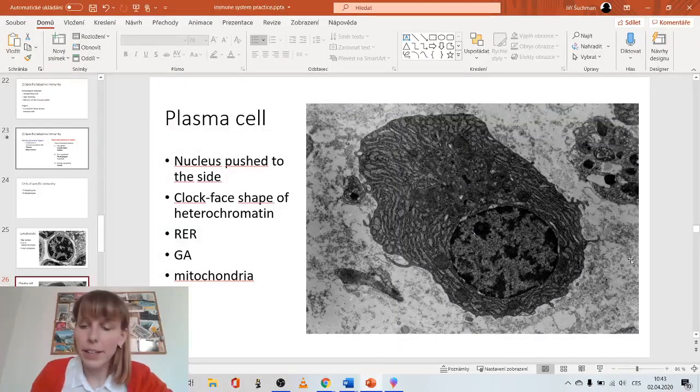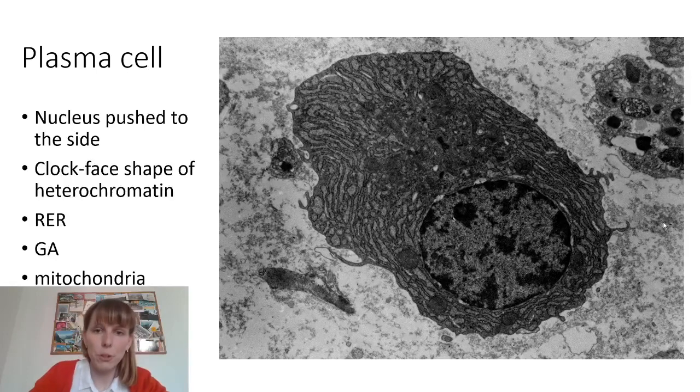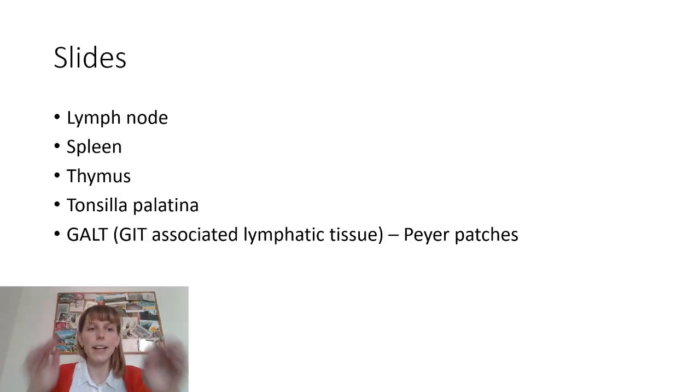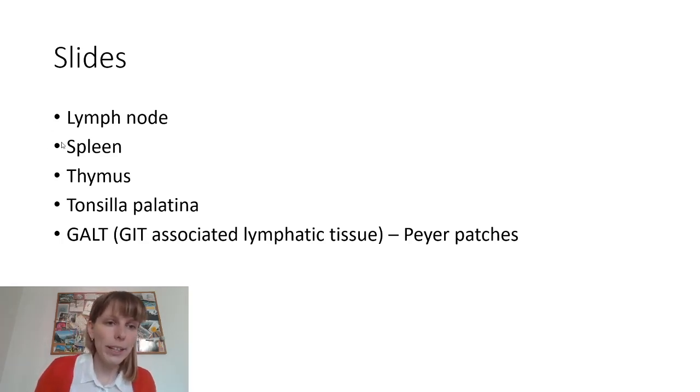Okay, perfect. So that's the pictures from electron microscope. And what do we have for slides for this second part? So we will be taking a look at two of the capsulated secondary lymphatic organs. So lymph node and spleen will be the organs where the immune reaction is happening, and where we will have a capsule.